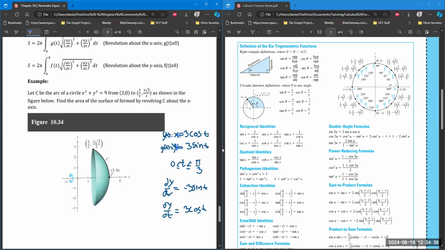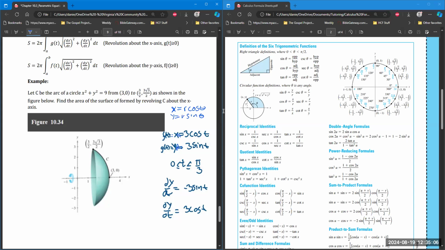We'll learn more if you don't know these yet. The x equals r cosine theta and the y equals r sine theta are the parametric forms of these. They're actually the polar forms of these rectangular things going on, these trig identities.